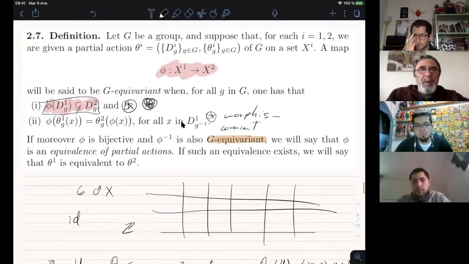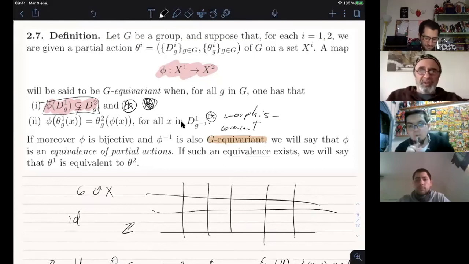Who remembers what happens in classical dynamical systems? Felipe or Nestor, if you have a bijective covariant map between two dynamical systems, the inverse, which exists because we asked for bijectivity, is it automatically covariant or not?